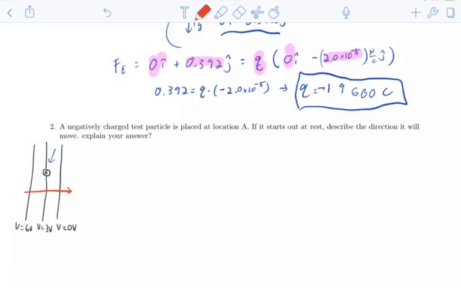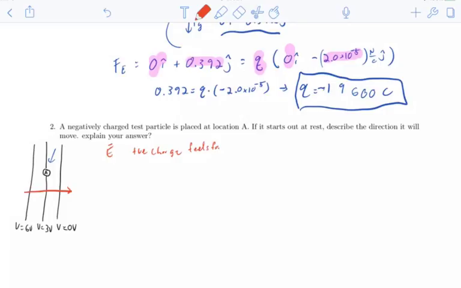So if a positive charge were to move in the direction of the force, the positive charge, right here, E is in the direction a positive charge feels the force.